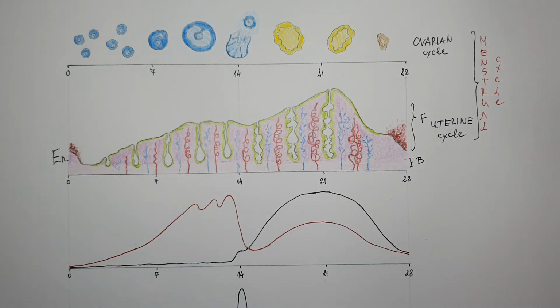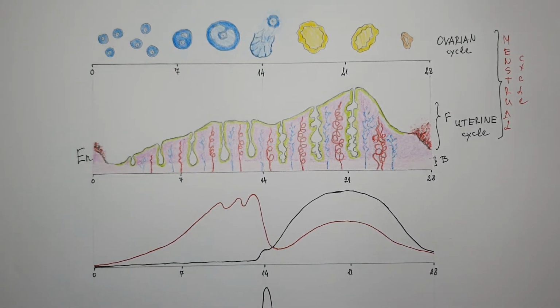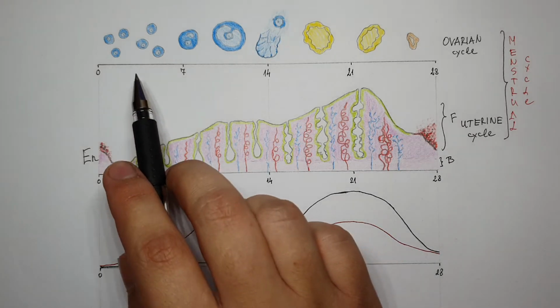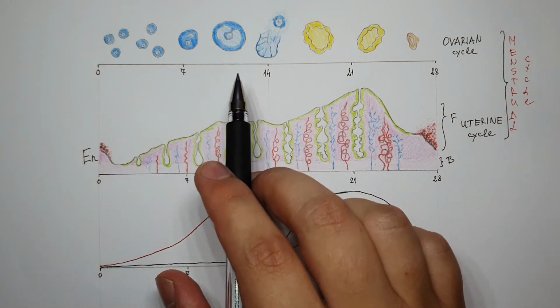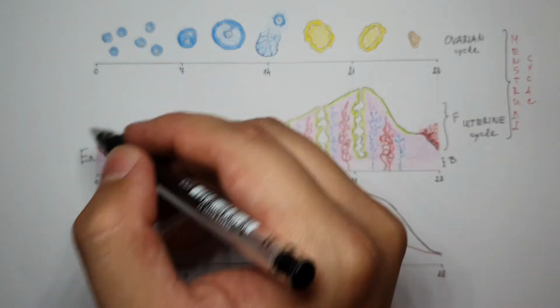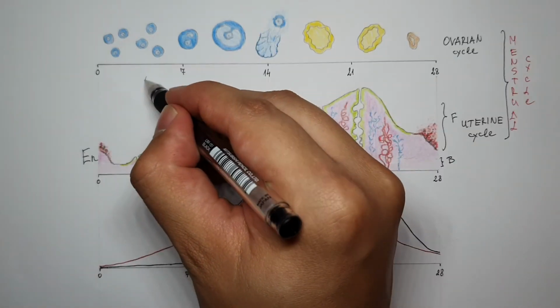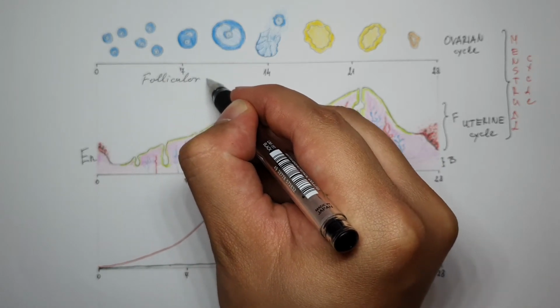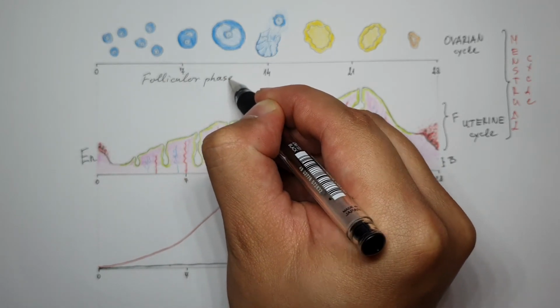So basically, the ovarian cycle and the uterine cycle are also subdivided. The ovarian cycle has this first phase that is called the follicular phase.